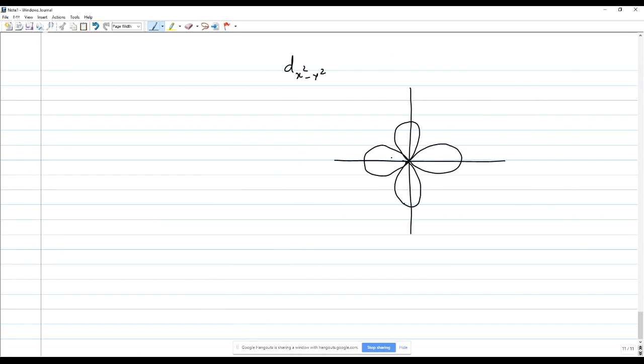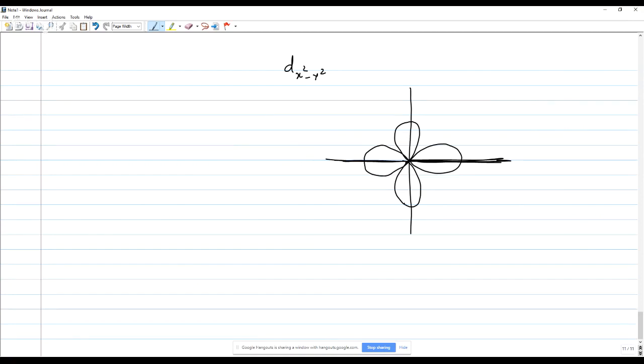Where is the z-axis? The z-axis is pointing perpendicular to this screen. Therefore, this orbital in 3 dimensions has a lobe around this, which is axially symmetric about this axis, so the lobe will be along plus z and minus z. This is dx square minus y square.